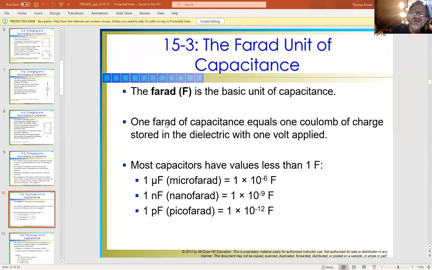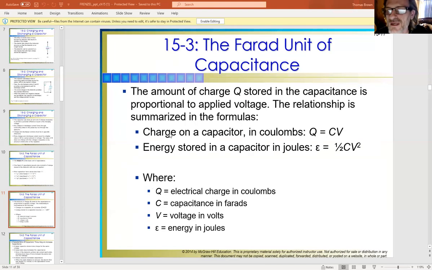The way they look at this is 1 farad of capacitance is equal to 1 coulomb of charge. And Coulomb, again, was another pioneer of electricity way back in the day, but he gets a little unit named after him. And here's our formula. This is an extremely interesting formula because it applies to anything that's able to store a charge.